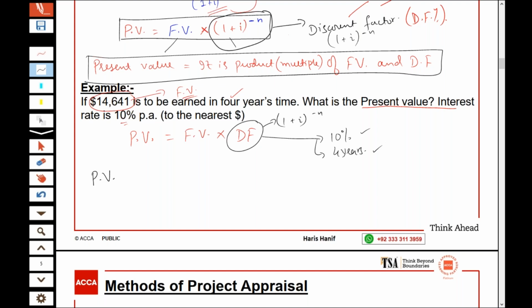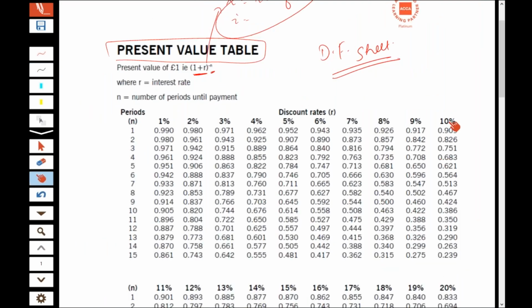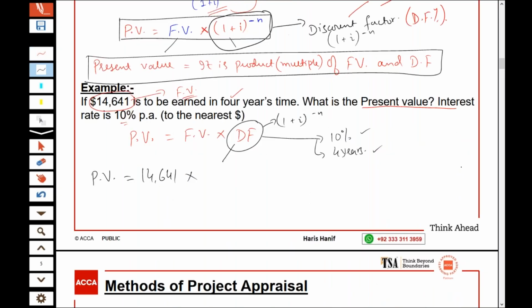So present value: future value is 14,641 multiplied by the discount factor for 10%, 4 years. 4 years, 10%. 1, 2, 3, 4. This is the amount: 0.683.